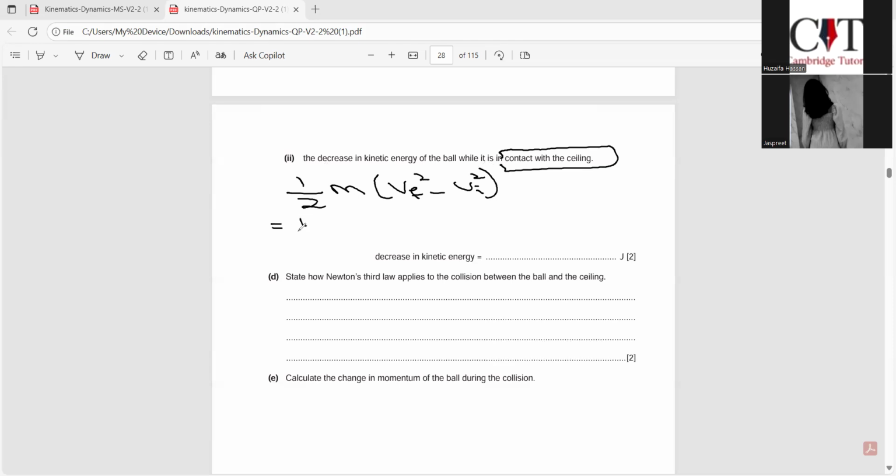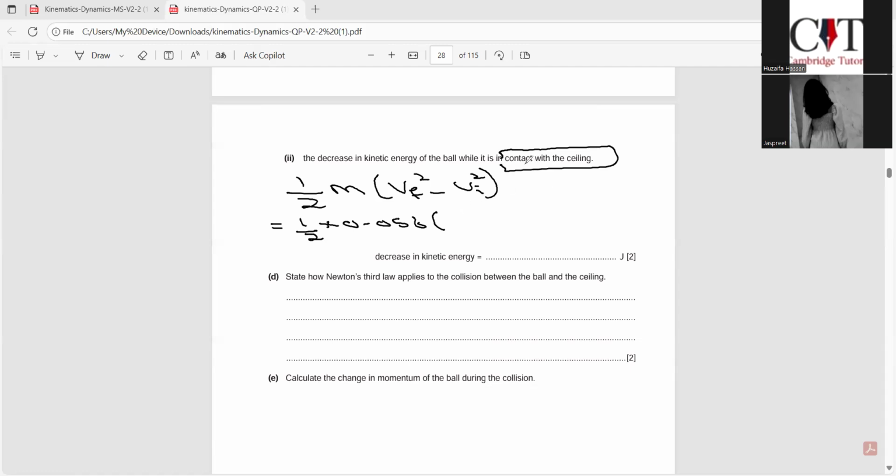Yes, sir. So what is the final velocity and initial velocity we have? The final was nine. Sorry, the final was 6 and the initial was 9.6.